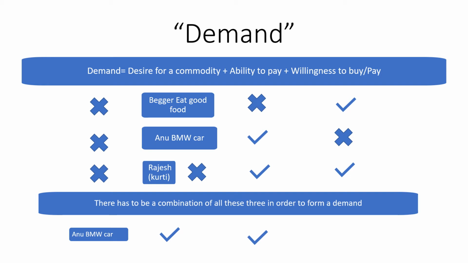She has the ability, that is, she has a good amount of money in her savings bank account. She is willing to purchase the car. Now, can demand be formed? Yes, because all three terms, that is desire, ability, and willingness, are present.